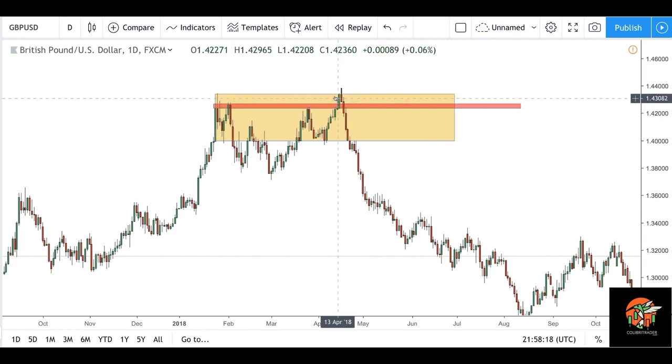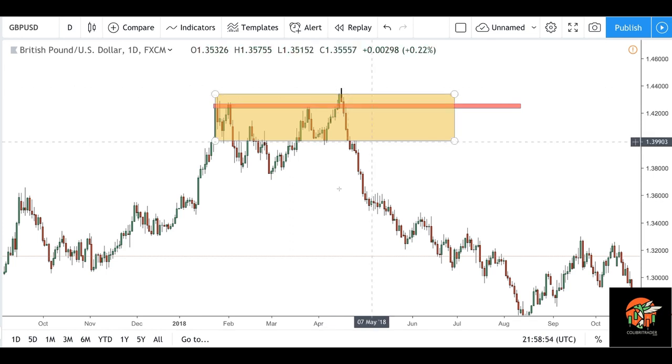The first time this happens is here on the 16th of April, and you have a very close approximation here on the 26th of March. But the price retraced before it managed to pull above this resistance area. Coming back to the 16th of April, we have the price going higher than this and closing higher than this resistance area.